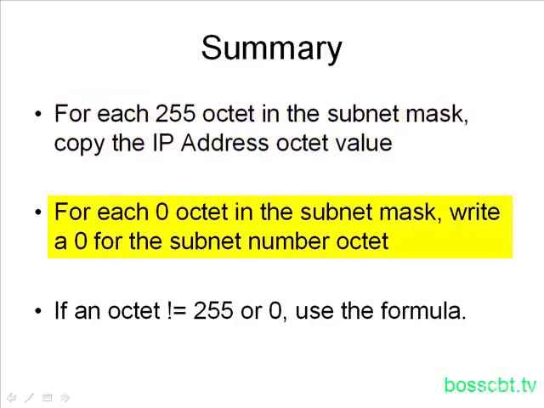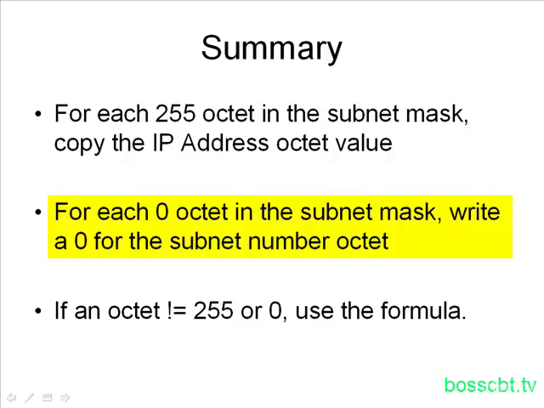And then likewise, for every octet in a subnet mask which has a value of 0, we ignore the IP address octet value and we just write a 0. And we saw how that was pretty easy to figure out an IP address and its subnet number when there was no subnetting done, or when you had a very simple subnet mask of all 255s or zeros.